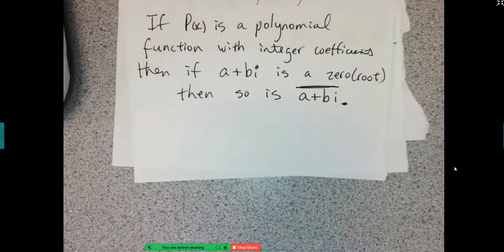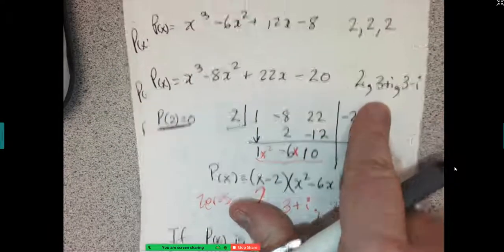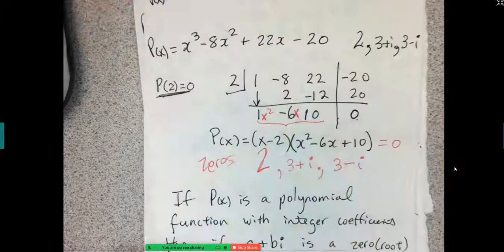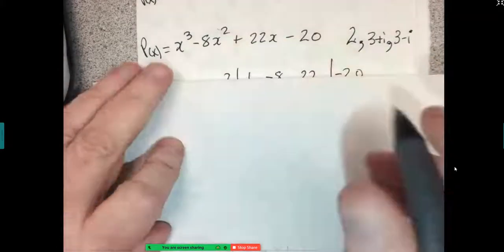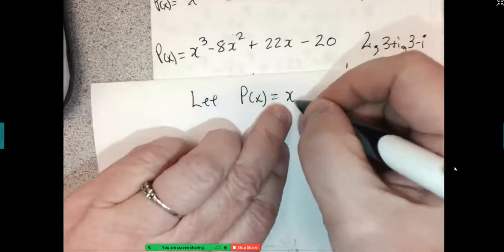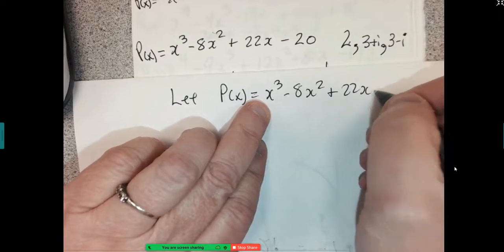So let me show you how this same kind of question, instead of find all the zeros, another question using this could have been put to you. So let p of x equal x cubed minus 8x squared plus 22x minus 20.